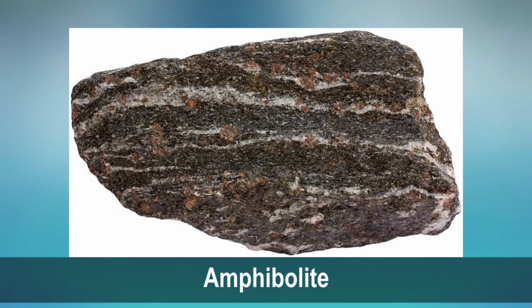Foliation due to alignment of amphibole prisms is less conspicuous than in schist. The qualification ortho and para suggests its derivation from igneous or sedimentary rocks.